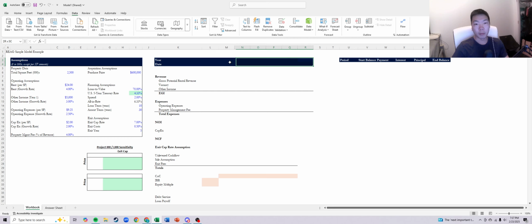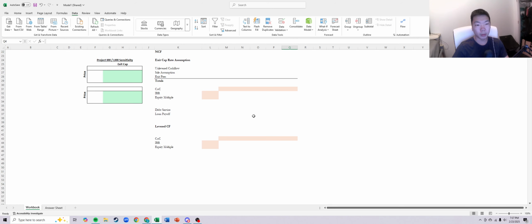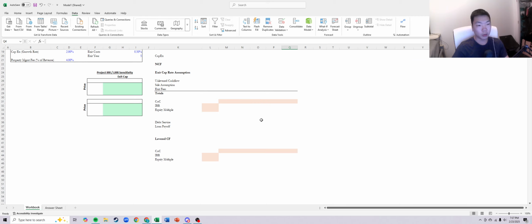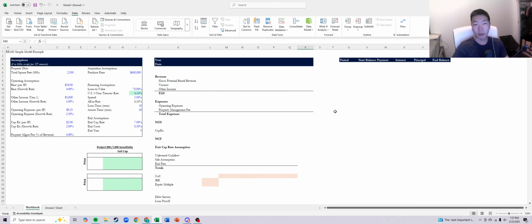So, a financial model with some research-backed assumptions, and a year-to-year performance demonstration with return metrics. We'll be able to hopefully demonstrate that.